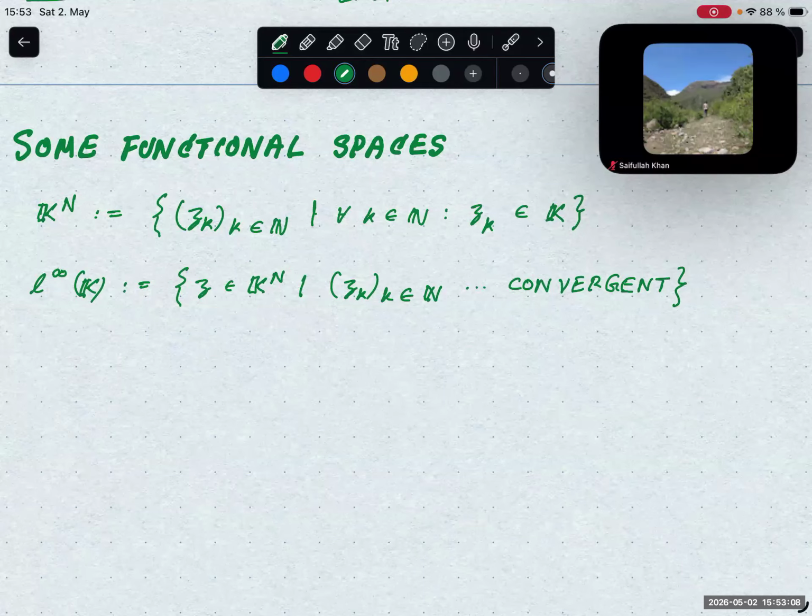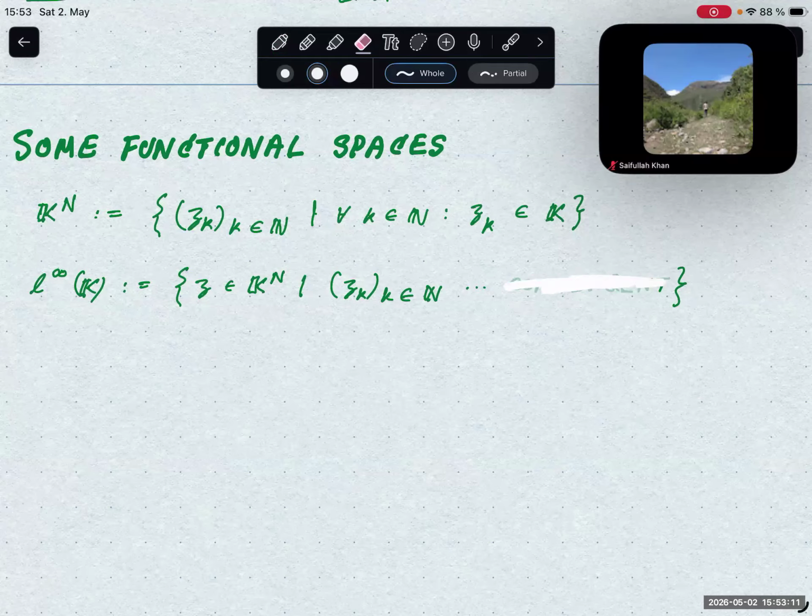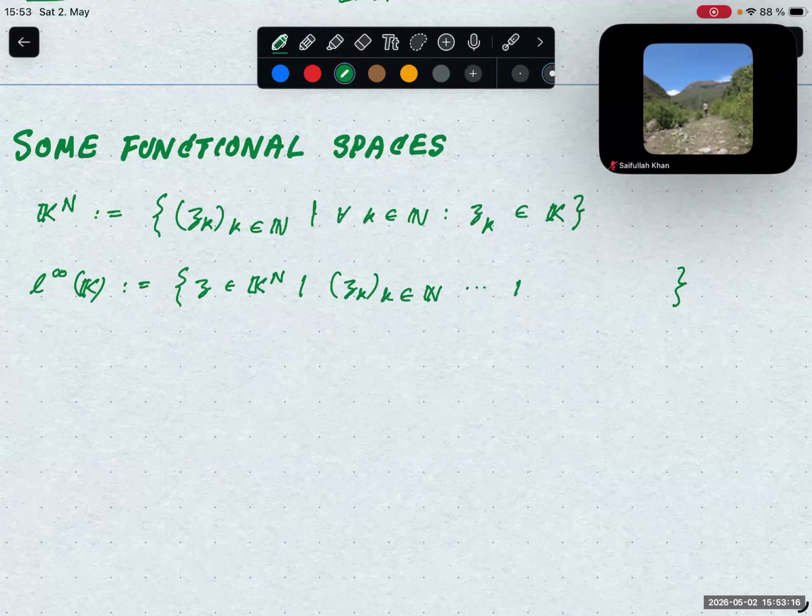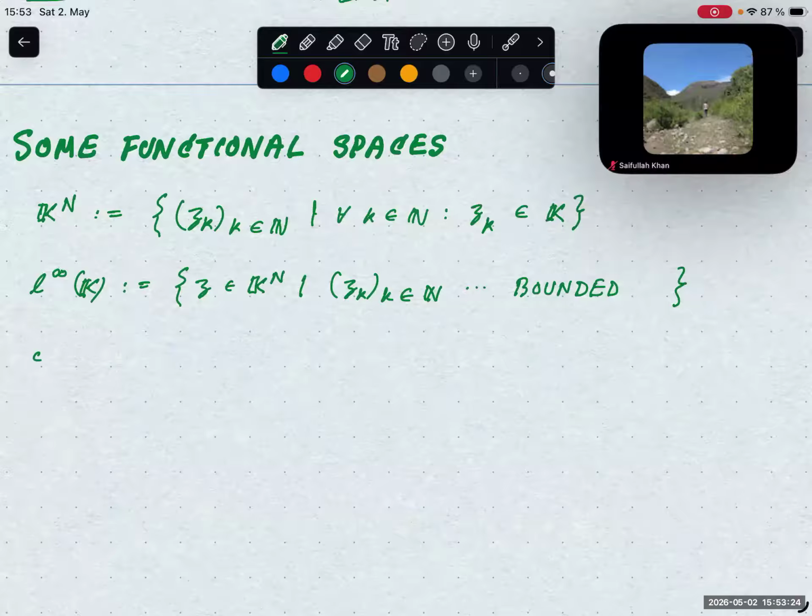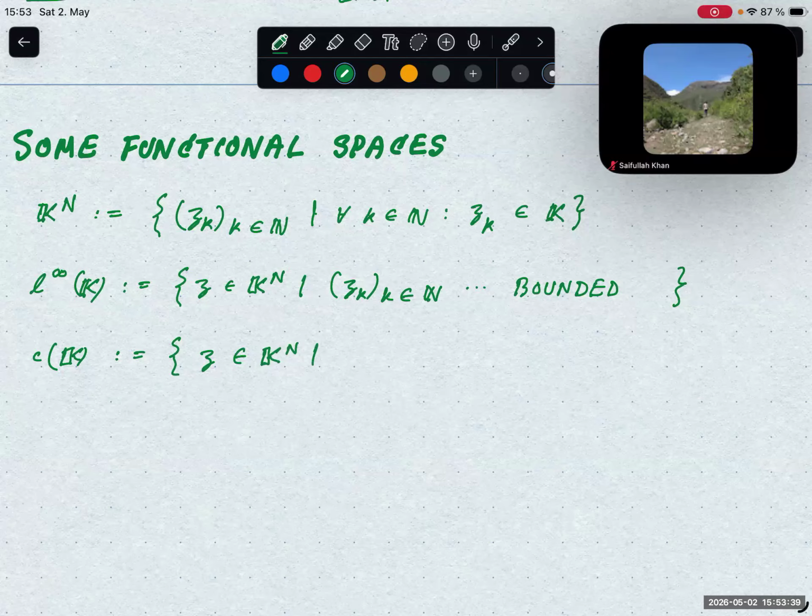Oh, sorry, this is bounded. Convergent is the later one. And next we go for the convergent, so C of Kn. This is convergent.